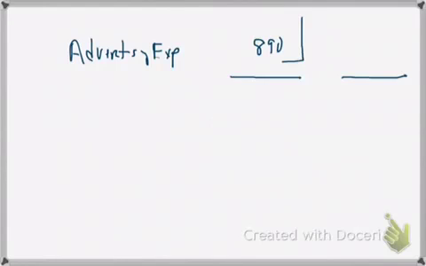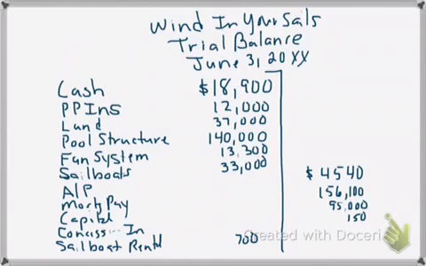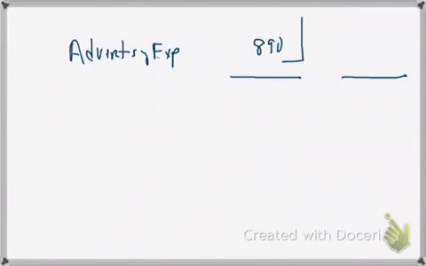So when I take 18,900 plus the 12,000 plus the 37,000 plus the 140,000 plus the 13,300 plus the 33,000 plus the 700 plus the 890, I get $255,790.